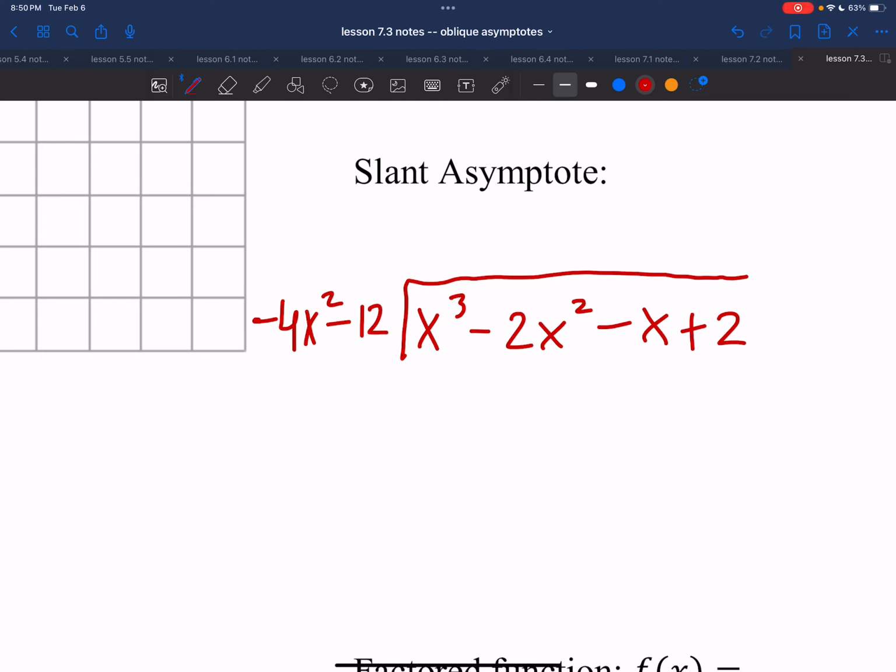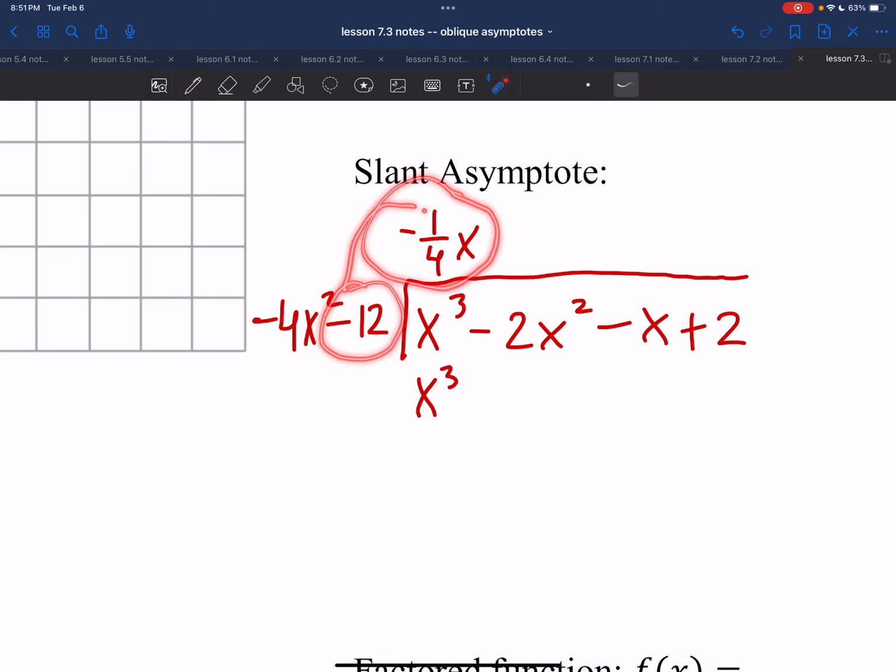So, let's see. Negative 4x squared times what is positive 1x cubed? Well, I know I'm going to need to multiply negative 4 by negative 1/4 to make it positive 1. That's the reciprocal. And I'll make that x, so x squared times x is x cubed. Now, careful with your fractions here. Negative 1/4 x times this gets you x cubed. What is negative 1/4 x times negative 12?